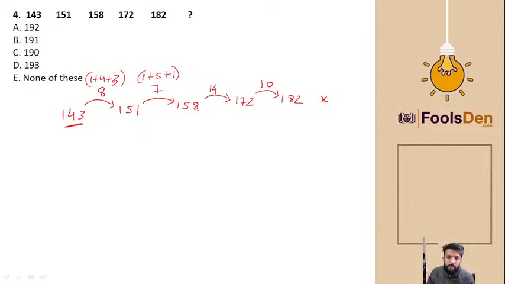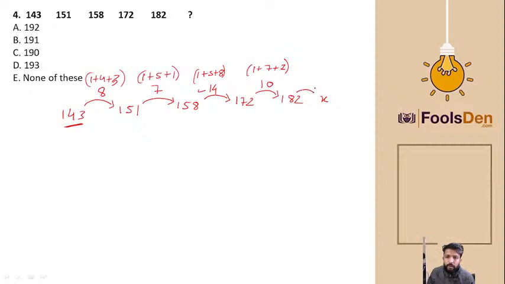Similarly, if you observe here, that is 8 plus 5 is 30. And here it is right here. Here it is 7 plus 2, 9 plus 10, 72 plus 10, that will give.